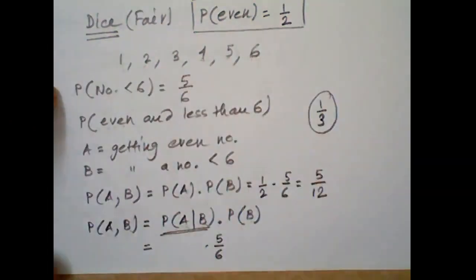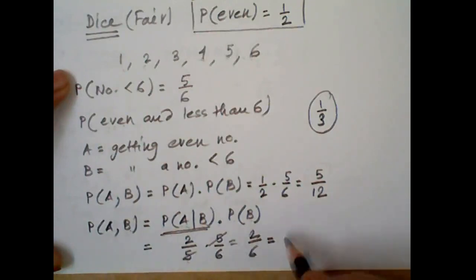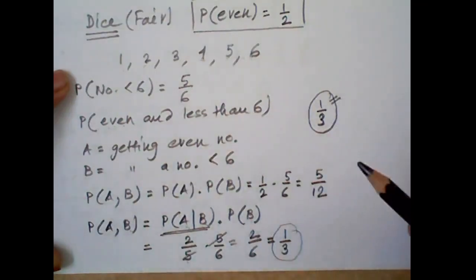So let's put that down: 2 over 5. And so the product of 2 over 5 and 5 over 6 is 2 by 6, and that is equal to 1/3. And so this is what exactly matches with your intuitive answer to the problem.